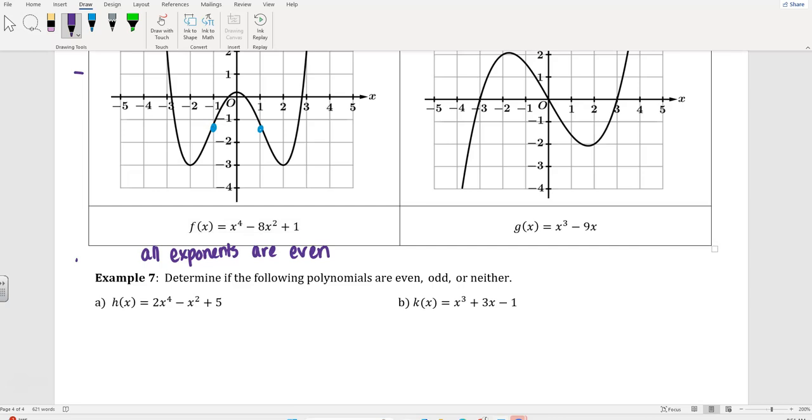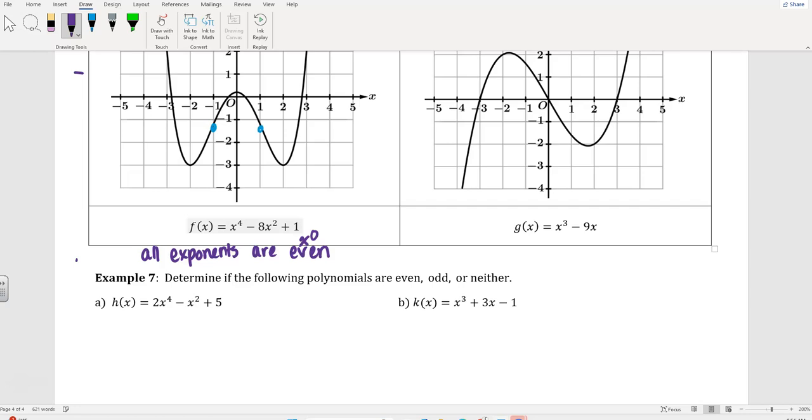But if I put an x with it, I need it to be x to the 0. 0 is even, right? So any constant number has an x to the 0 with it, which is even, so this can still be an even function, okay?